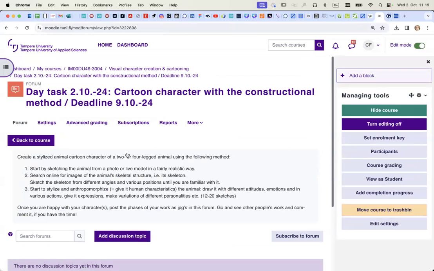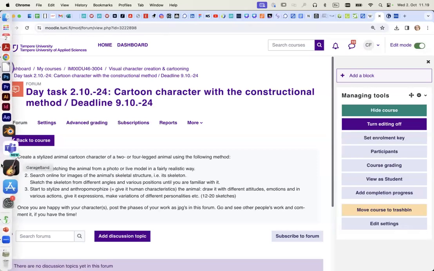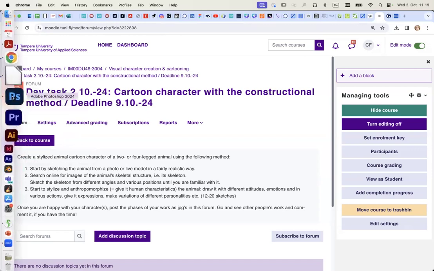Let's see. So the idea is to start by sketching an animal from a photo or live model in a fairly realistic way. What I did this time, I chose a squirrel, a red squirrel.